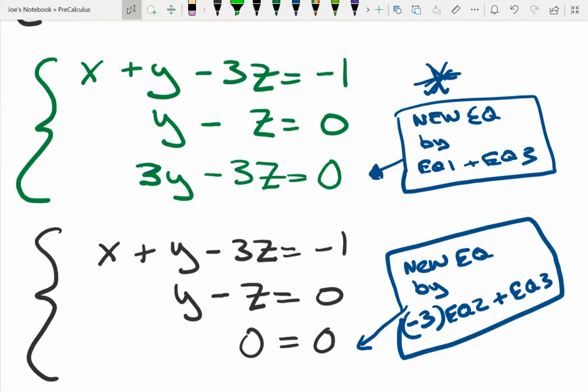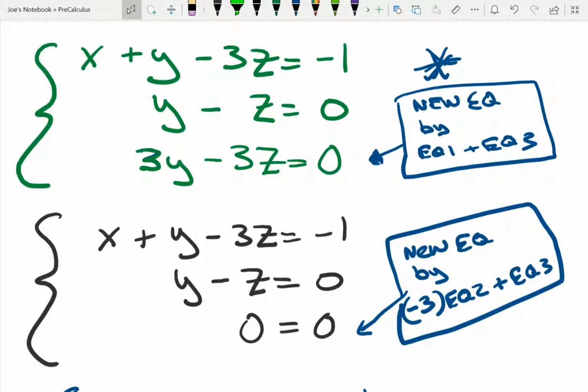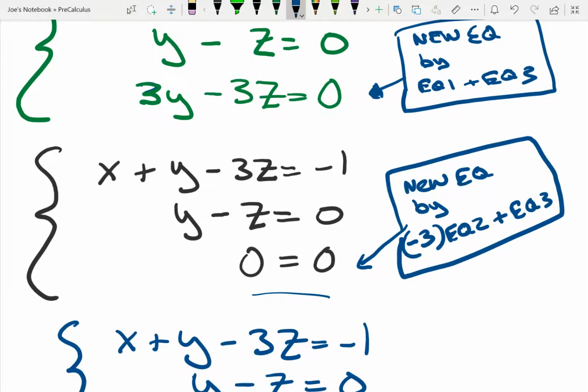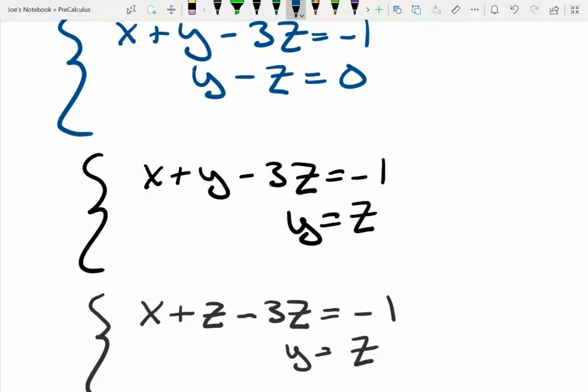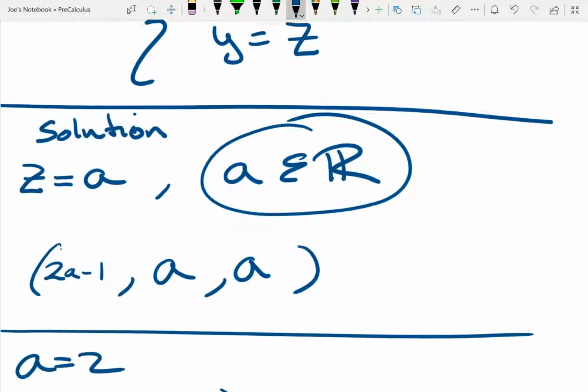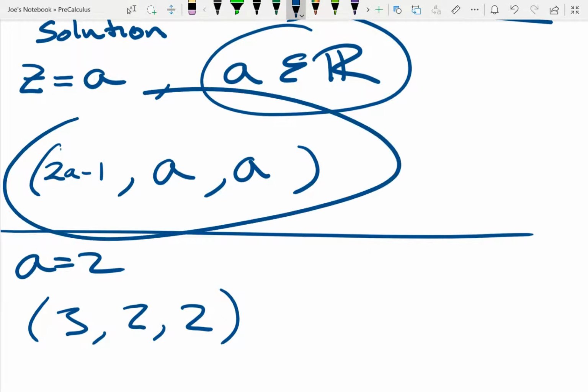So if it would have been right but you made a mistake, that's a good thing, right? And then this new equation we generated here came from doing -3 times equation 2 plus equation 3. So you did that from here and here. All right, and then you end up with that, and then you back substitute, and if it's infinite, write it like that.